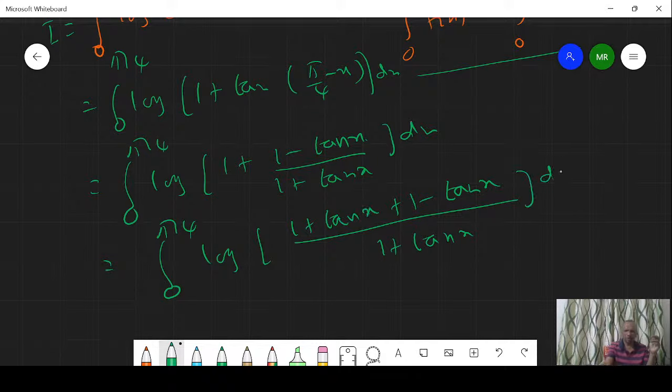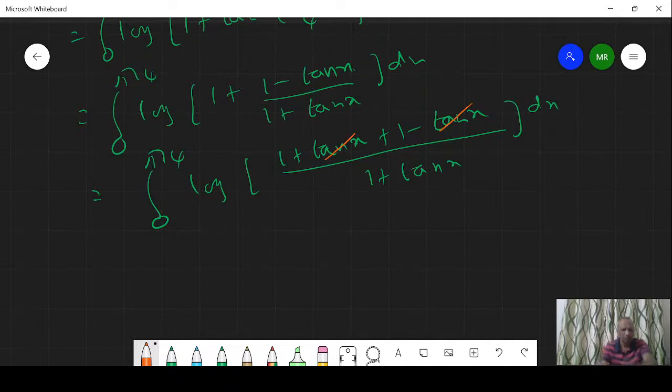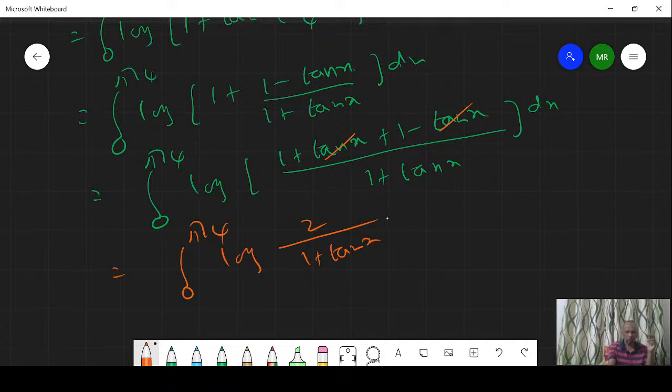Now when I have taken it like this, you can see this plus tan x minus tan x, I can eliminate. You will get the integral from 0 to π/4 of log of 2/(1 + tan x) dx.